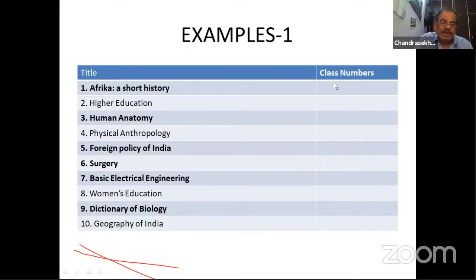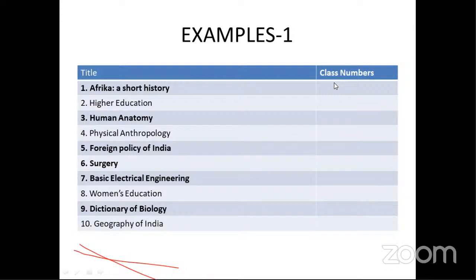If you are not able to find it directly, and it is time consuming, then go to the relative index. You will find it there directly, as the index is in alphabetical order. So look under electrical, then engineering. The number is there in the relative index.